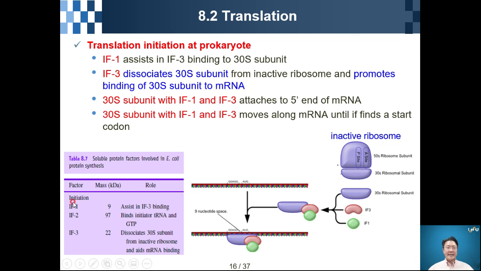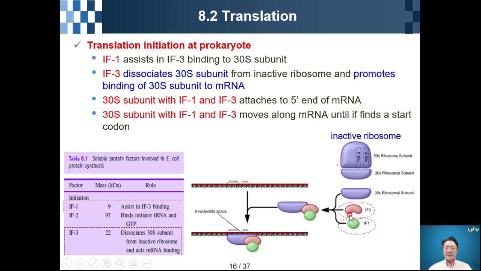Especially at initiation, initiation factors IF1, IF2, and IF3 are involved in this step. Let me start with IF1. The main function of IF1 is to assist IF3 binding to the 30S ribosomal subunit.